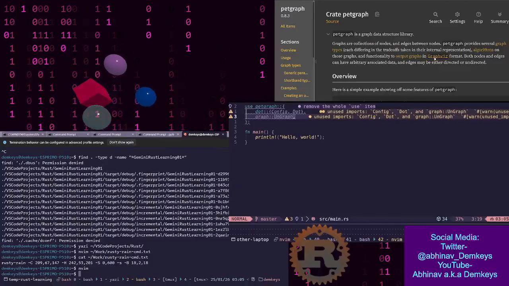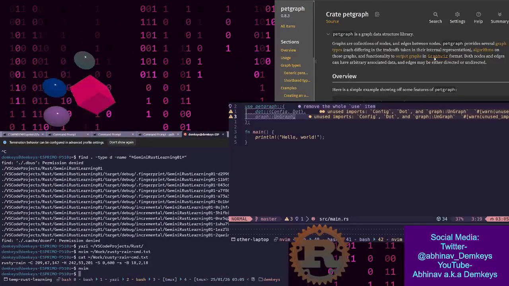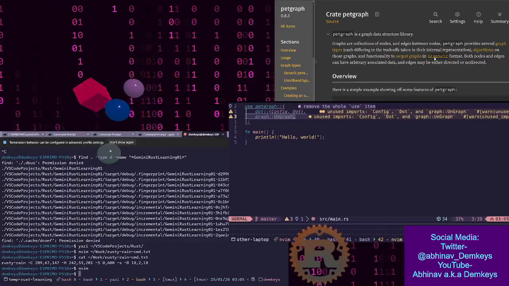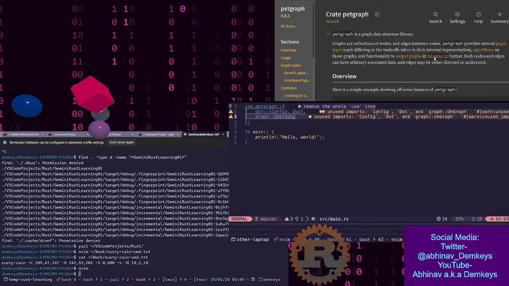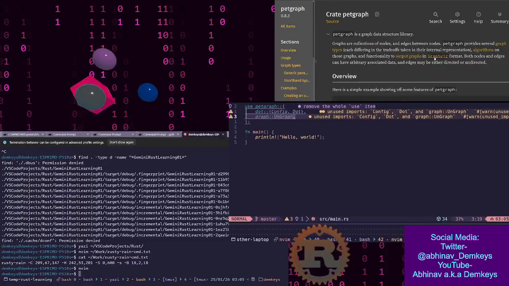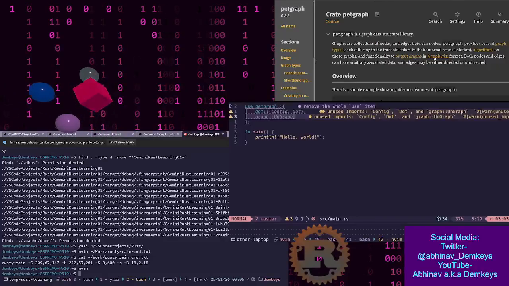Though I'd imagine that would make graph traversal a little bit complicated, because you would also have to keep in mind that so and so edge is directed, so and so edge is undirected, and that kind of complicates things.